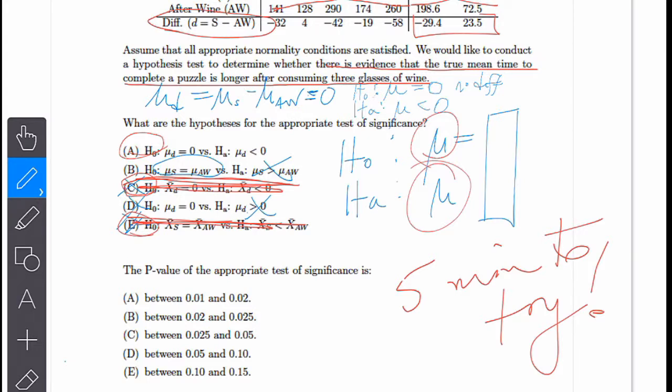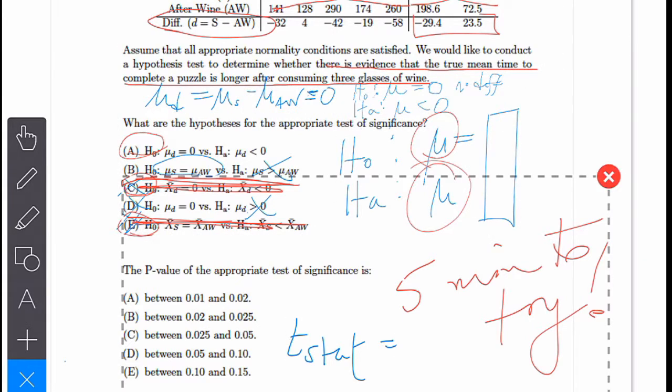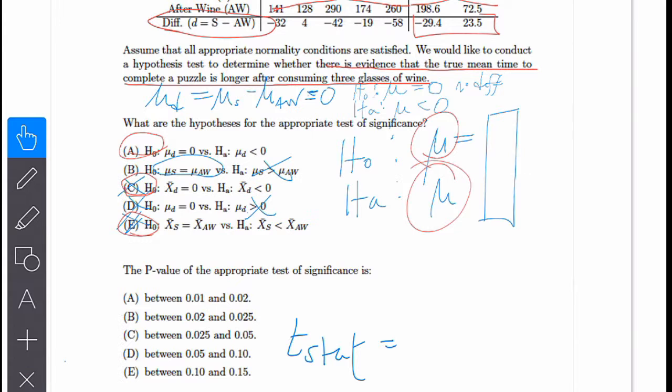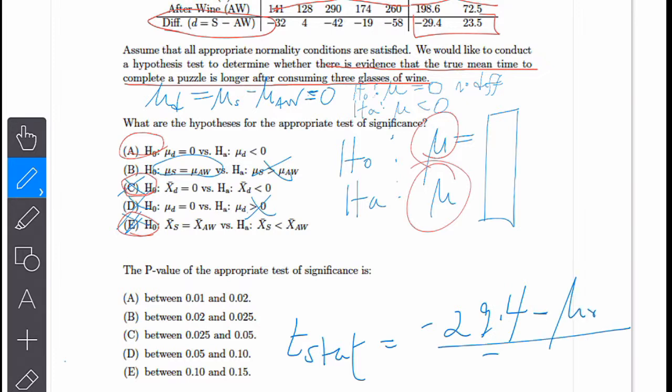So what we're going to do is calculate a t statistic. The t-stat will be the evidence, which is the mean of negative 29.4, minus the hypothesized value, divided by the standard deviation over root n.